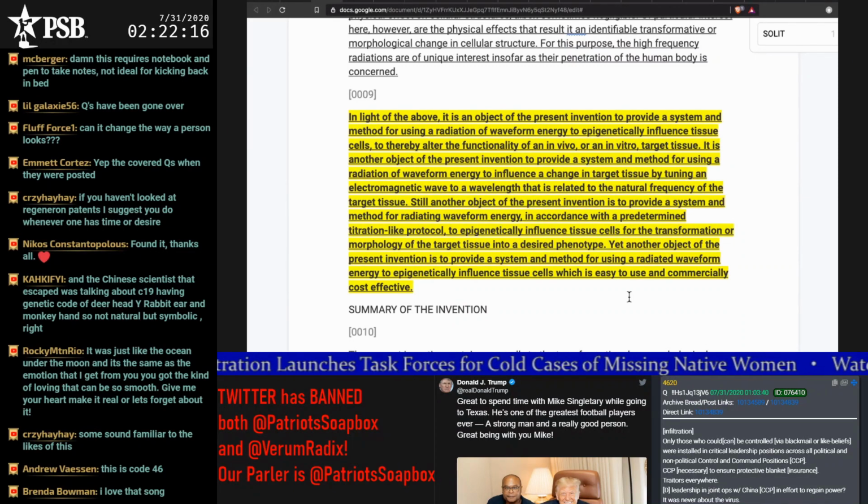It is still another object of the present invention to provide a system and a method for radiating waveform energy in accordance with a predetermined titration-like protocol. So that's just, we radiate you, we take a sample, we see what we did. We radiate you again, we take a sample, we see what it did. We radiate you again, we take a sample, we see what it did.